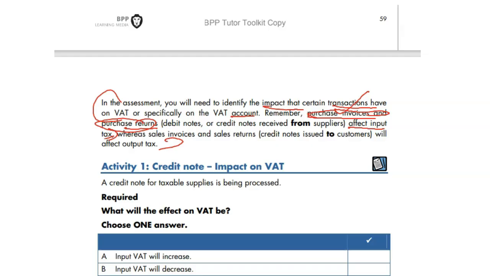That's all you need to remember. And these are based on debit note, credit note received from the supplier. Whereas sales invoice and sales return, credit note issued to a customer, will affect output tax. Sales will increase the output tax, sales return will decrease the output tax.